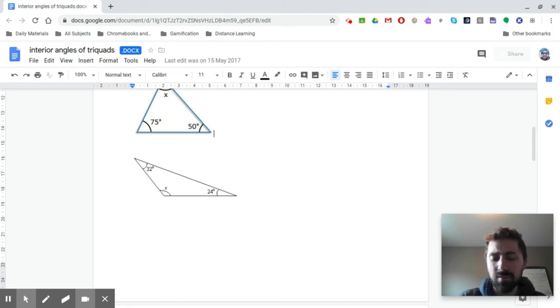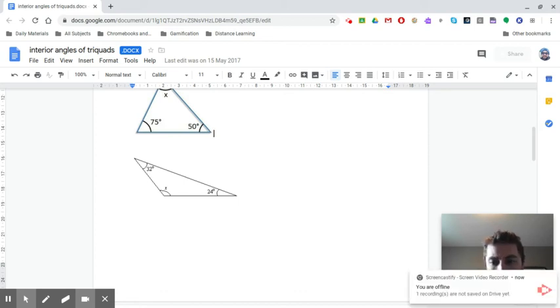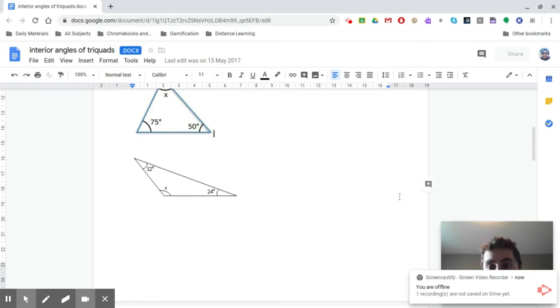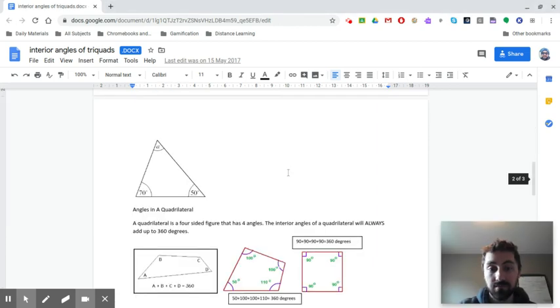How many more degrees does it take to get to that 180? Well, we can do 180 minus 24 and then subtract 32, and that gives us 124 degrees. So this missing angle is 124 degrees.